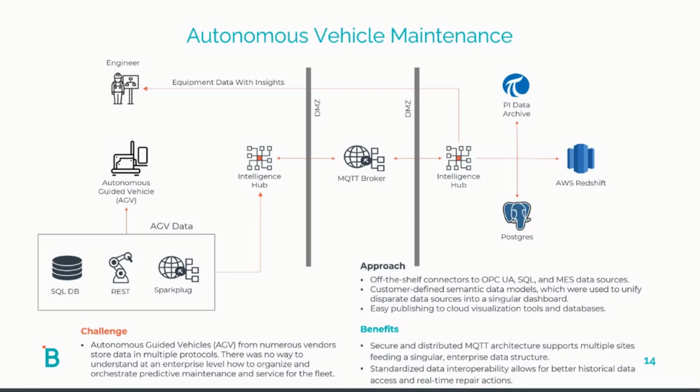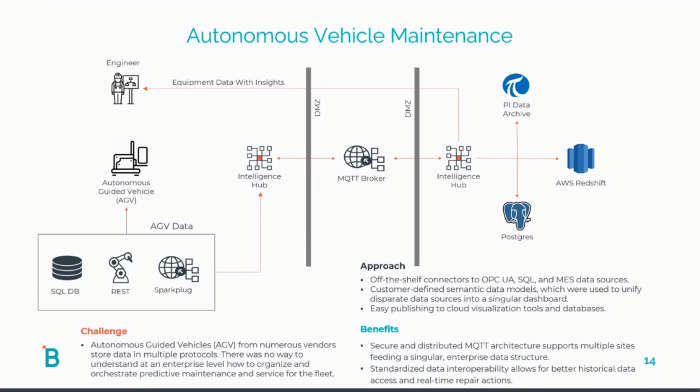So what ends up happening is they can deploy an intelligence hub inside that device network. We can then publish out to an MQTT broker that could be in a DMZ, and then another intelligence hub. So we're federating our intelligence hubs. Another one can connect into that same MQTT broker and subscribe to that data.